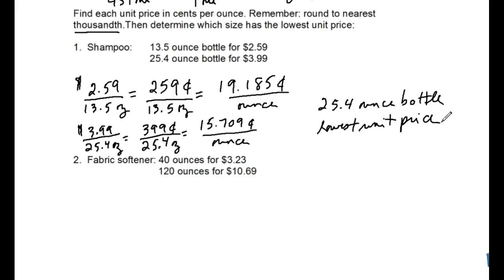One more. This time we have fabric softener, and we have 40 ounces for $3.23. So we're going to take our $3.23 and make it into cents. We have 40 ounces. So we're going to come up with cents per ounce. When we divide, we get 8.075 cents per ounce.